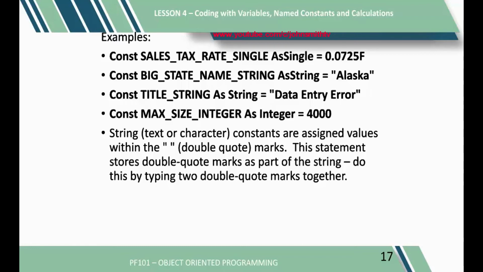String, text or character constants are assigned values within the double quote marks. This statement stores double quote marks as part of the string. Do this by typing two double quote marks together.